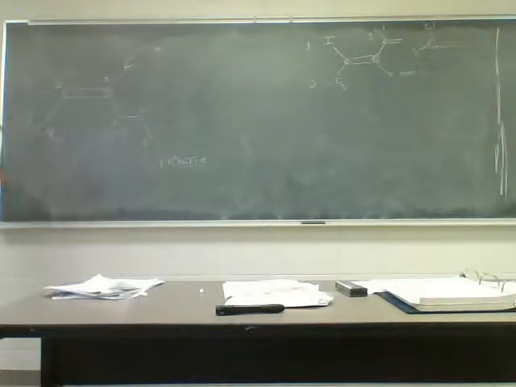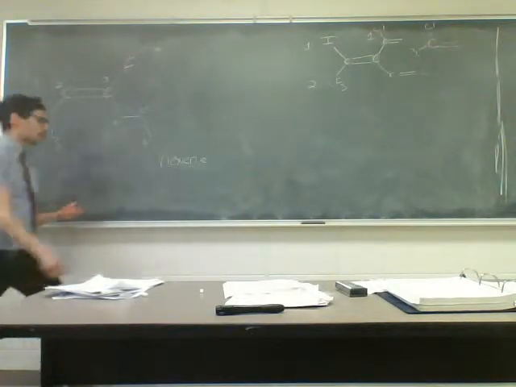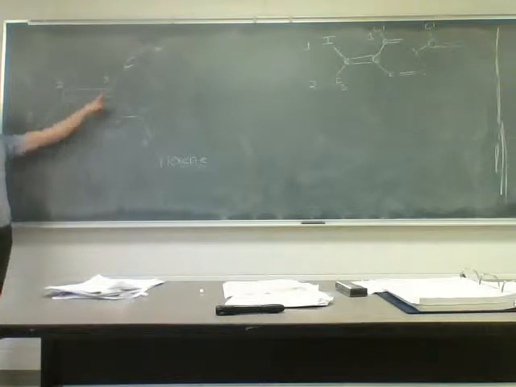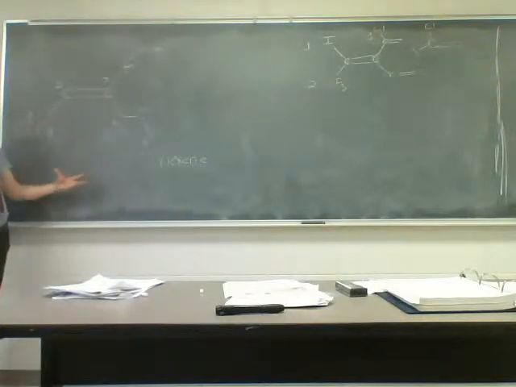Groovy. We should always number where our double bond is. So we'll call this 2-hexene because our double bond starts in carbon number 2 and goes into number 3. So we'll always number the double bond by the carbon it starts in.